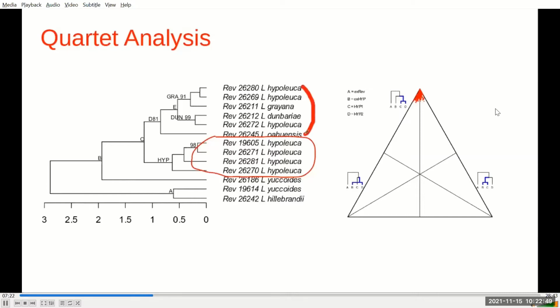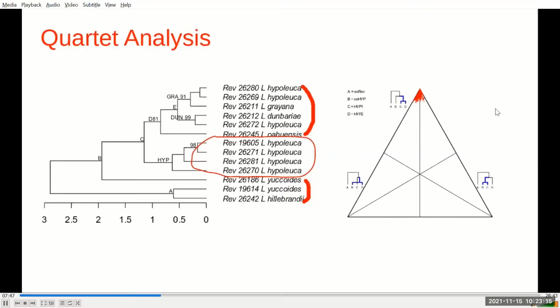Then for your third species, you choose something from these 9 Revolutellas outside of that clade. And for your fourth species, you choose something outside of Revolutella. Now, I have 100 nuclear genes for my data. And so I'm going to run a Bayesian analysis on each of those 100 genes for the 4 accessions that were chosen.